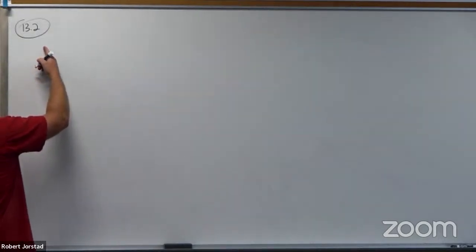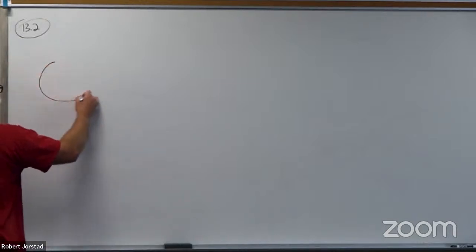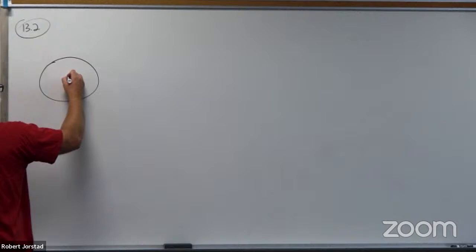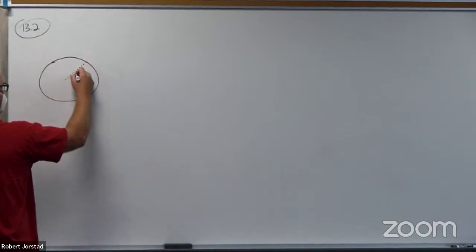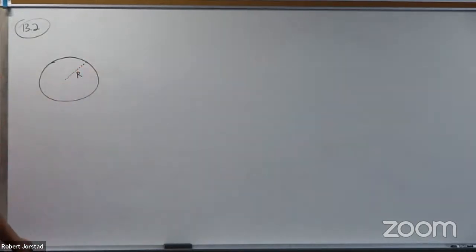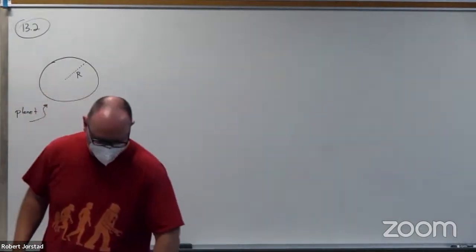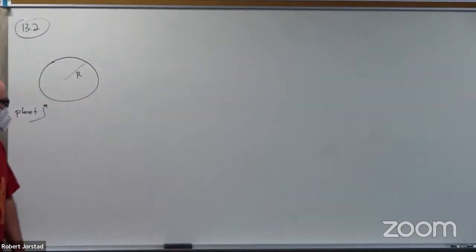All right, 13.2, what was I doing? Sorry. It's slightly interesting, right? I hope you're having a little bit of fun here. Okay, so let's say we have a planet. So this is a large object. That planet could be the Earth.